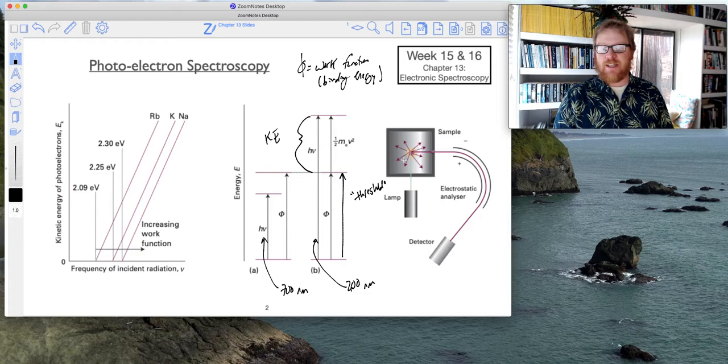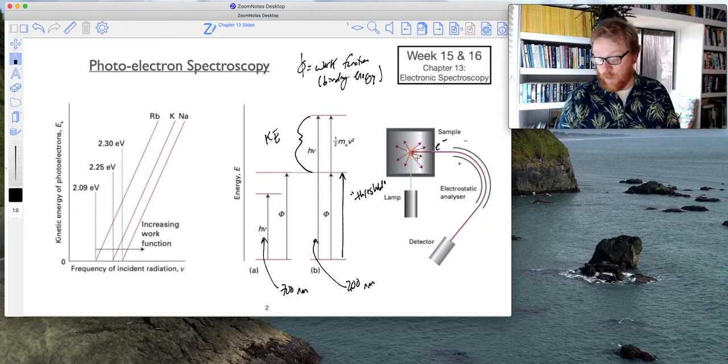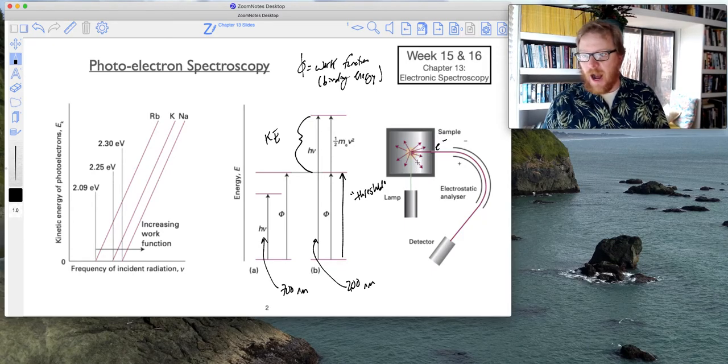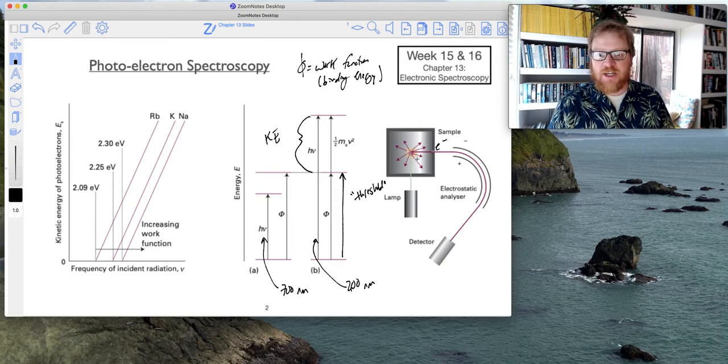And as you can see, that's what's given by this right here. Okay, so we're using some lamp and we're bombarding a sample. If that incident radiation has a great enough energy to induce ionization, we'll get all of these photoelectrons. And those photoelectrons can be sent through what we call a hemispherical energy analyzer, which I'll show you in the next slide. And then those electrons' kinetic energies are detected.